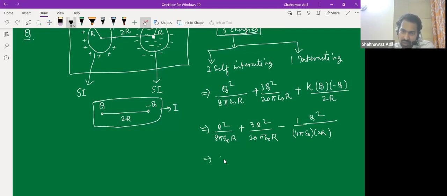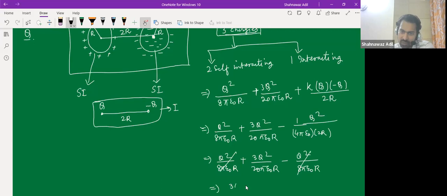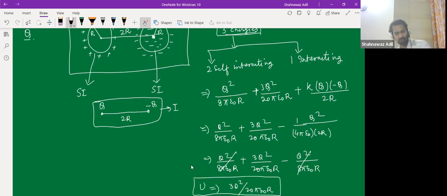So we have Q square by 8 pi epsilon naught R, plus 3Q square by 20 pi epsilon naught R, minus Q square by 8 pi epsilon naught R. So this one cancels and we have 3Q square by 20 pi epsilon naught R. This is the potential energy. Is this clear, guys? Yes, sir. Okay, please note it down.